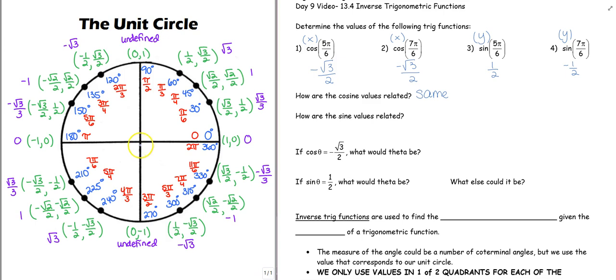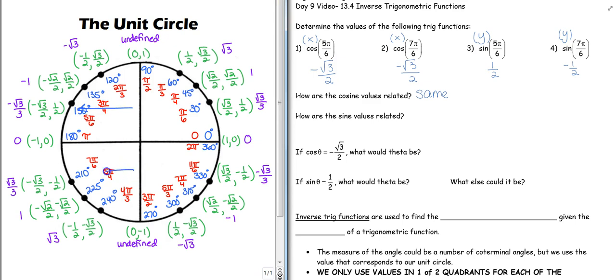We know that when we move around our unit circle, the cosine is the distance that we're moving left and right. The sine is our value going up and down. So when I look at 150, which is 5 pi over 6, and 210, 7 pi over 6, both of these are going left root 3 over 2.